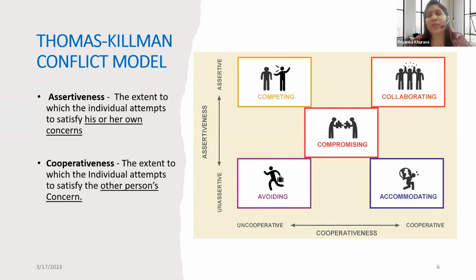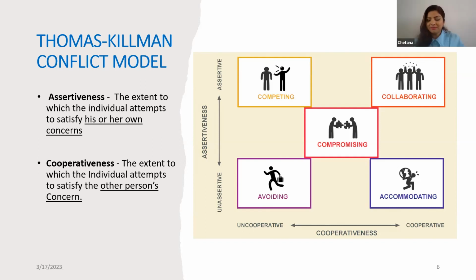You want your team to be self-organizing. In that case, your most dominating characteristic at that time would be collaborating. So it depends upon our situations how we react in a particular mode in a conflicting situation. I hope it makes sense.